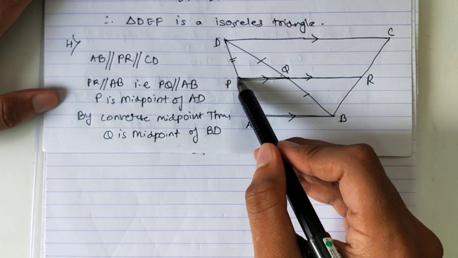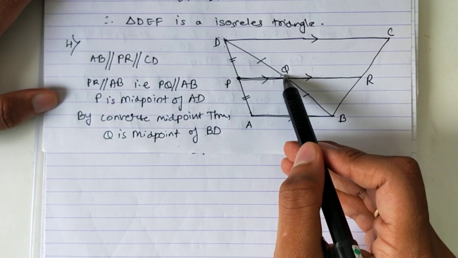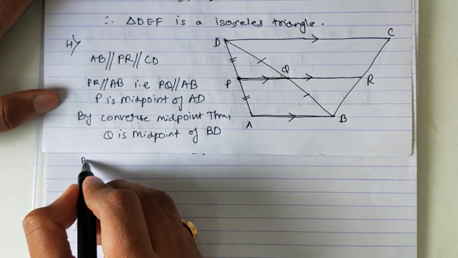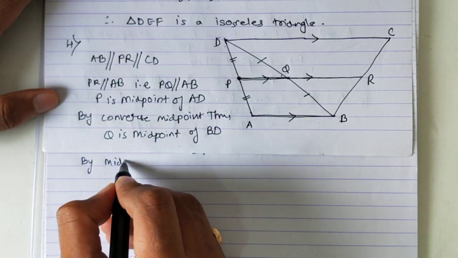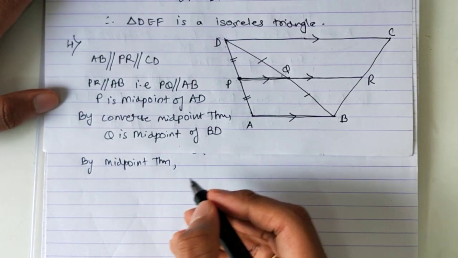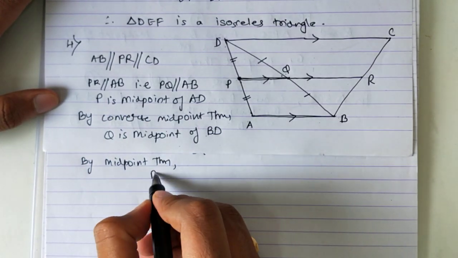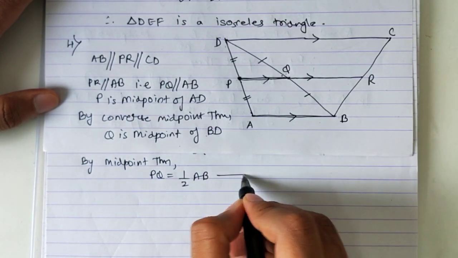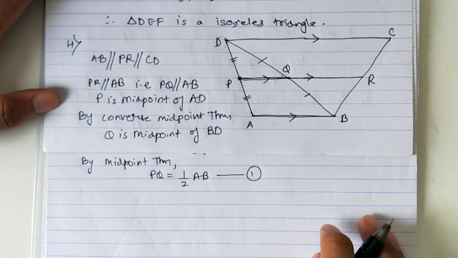I know P is also a midpoint and Q I just proved is a midpoint. Both are midpoints, so PQ is half of AB. Correct. So I'll write by midpoint theorem, PQ is half of AB, and I'll mark this as 1.